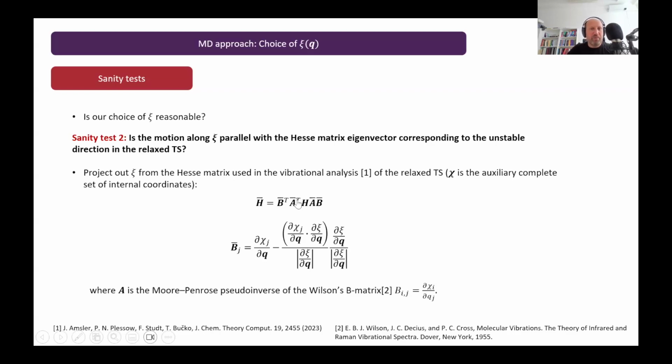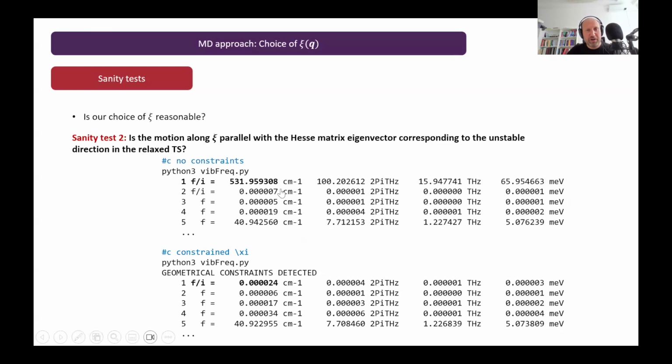Technically, we make a transformation of the Hesse matrix, and this transformation involves Wilson's B matrix, which is Schmidt orthogonalized with respect to the constrained degree of freedom. Then this kind of Hesse matrix is used in the vibrational calculation.